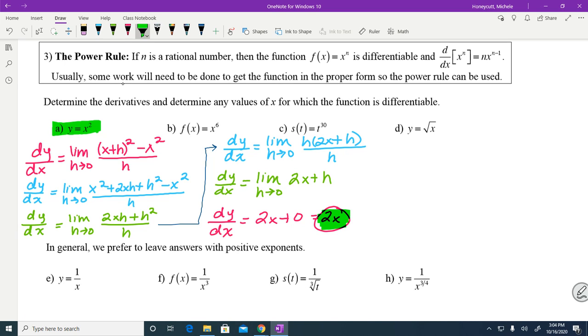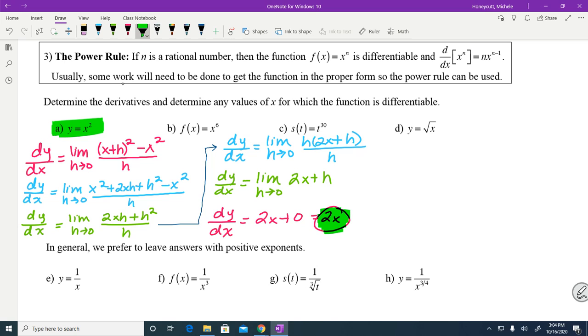I've got to start here, do some algebra, factor out an h, simplify, and then substitute 0 in for h and get 2x. Yes, we can do it, but who wants to do that one, two, three, four more times on this line and then for all the other problems on the page? No one. So we need a way to jump from here to 2x.